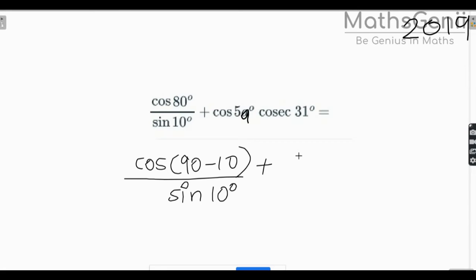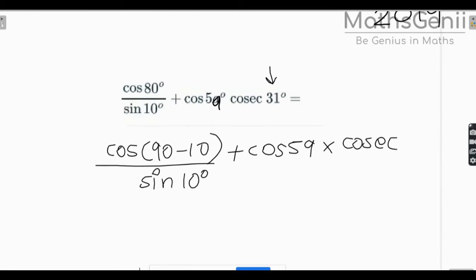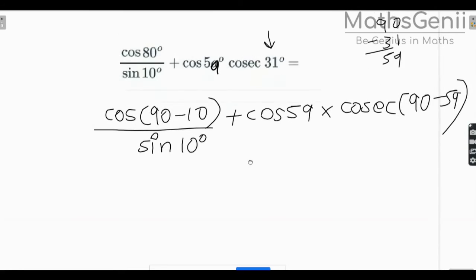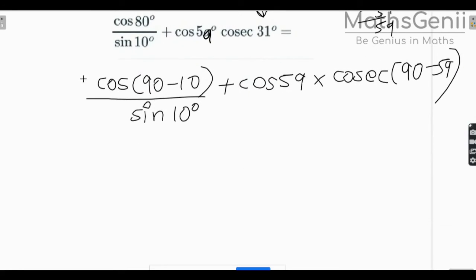Plus this is cos 59. Can I write cos 59 as it is into cosec? Can I write cosec with 90 minus, let's do 90 minus 31 quickly. It is 59. So I can write it very easily. Now pay careful attention to this and this.